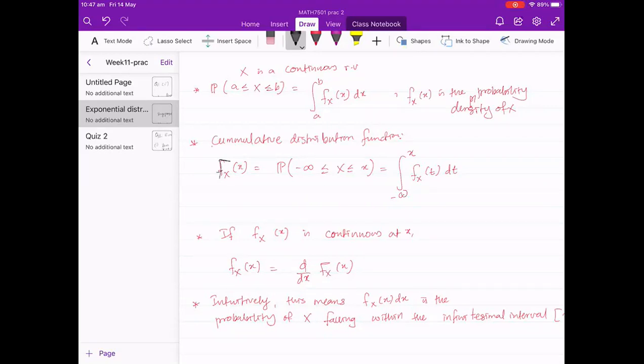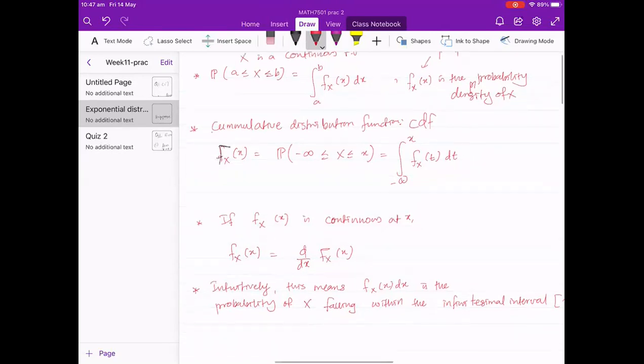Then the CDF is defined in general as the probability that X is less than or equal to a given x value, which is computed using the integral of your PDF from minus infinity to x.